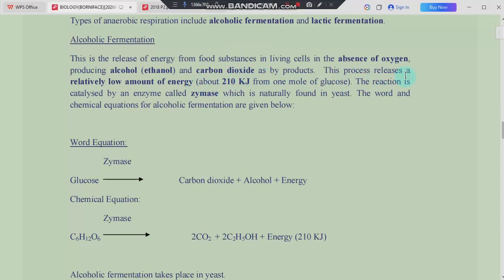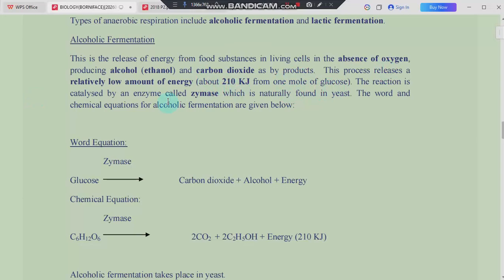This process releases a relatively low amount of energy, which is simply 210 kilojoules of energy from 1 mole of glucose. Remember, in aerobic respiration, we said the energy released is 2880 kilojoules of energy from 1 mole of glucose. In anaerobic respiration, we release 210 kilojoules of energy from 1 mole of glucose.